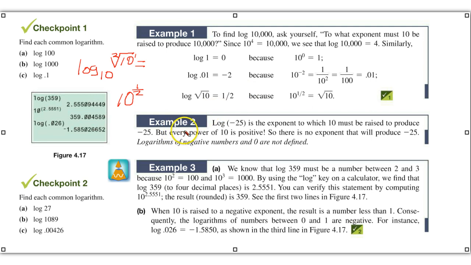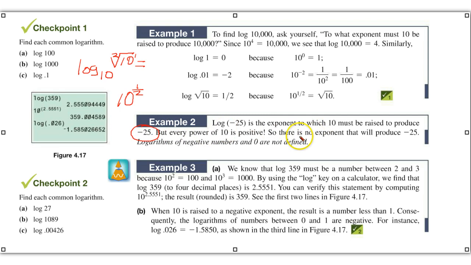Going on to example 2, they're saying the log base 10 of negative 25. Now, what exponent must we place on 10 to get negative 25? There is no such value.